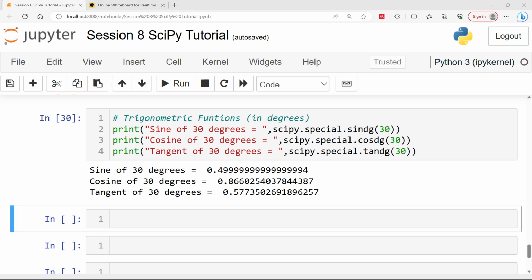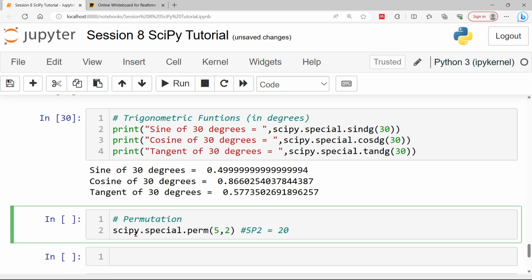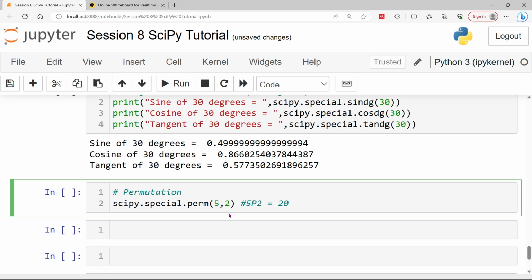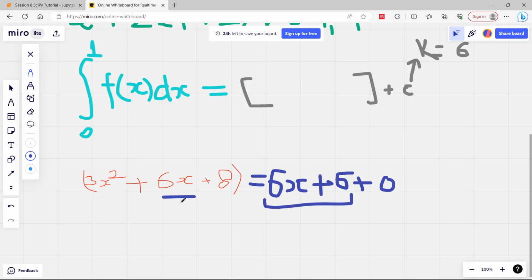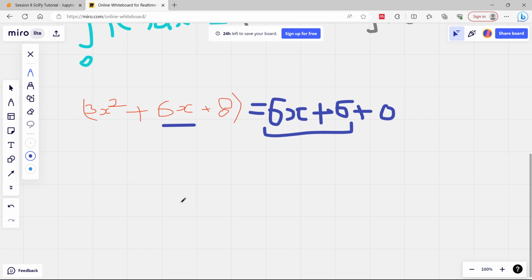Can we go for permutation and combination? Yes, we can. Scipy.spatial.permutation, which is 5P2, right? So what's 5P2? We have 5 factorial in the numerator and the respective value in the denominator.